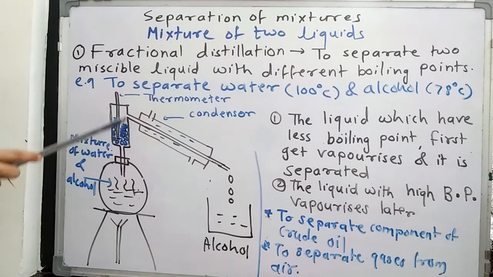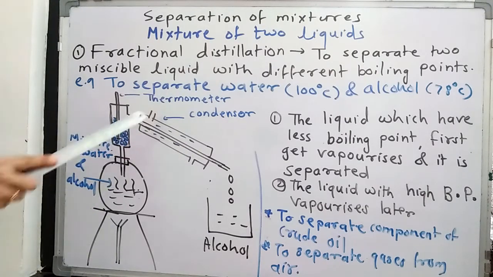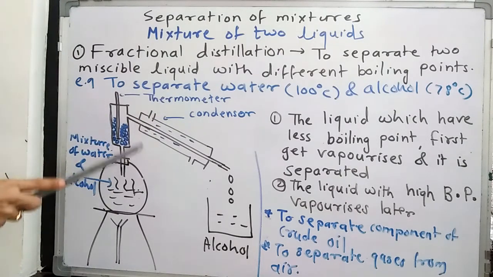Here we have the fractionating column with beads for separation, and here we have a thermometer to record the temperature. Here we have an inner glass tube with smaller diameter and a bigger glass tube, which is called the condenser, to circulate water around the inner glass tube.